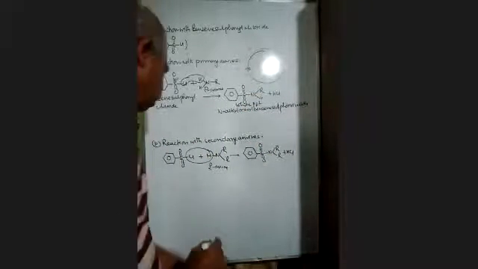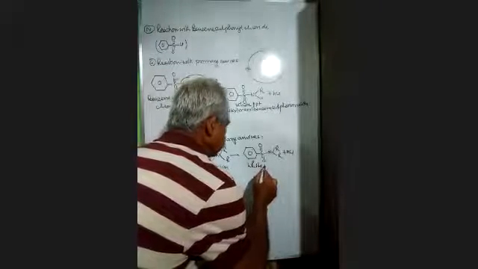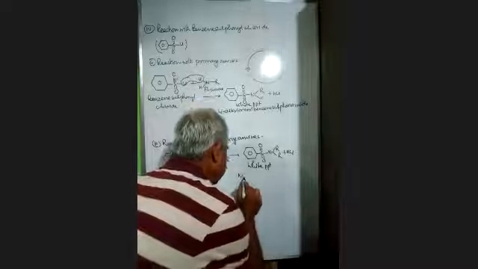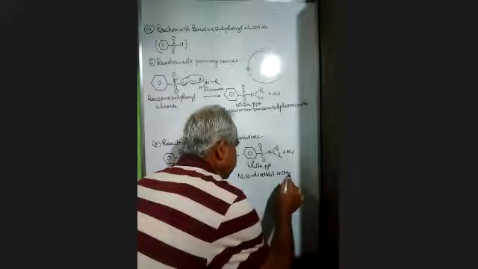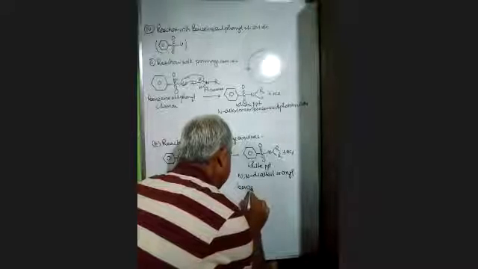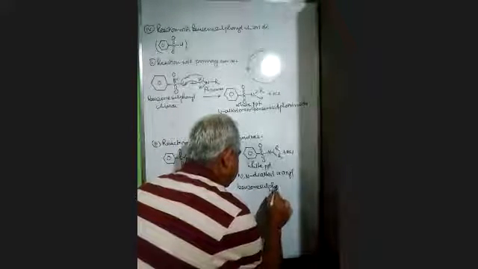So what will be the name now here? This is also a white precipitate. This is called N,N-dialkyl or aryl benzene sulfonamide. Okay. Sorry.